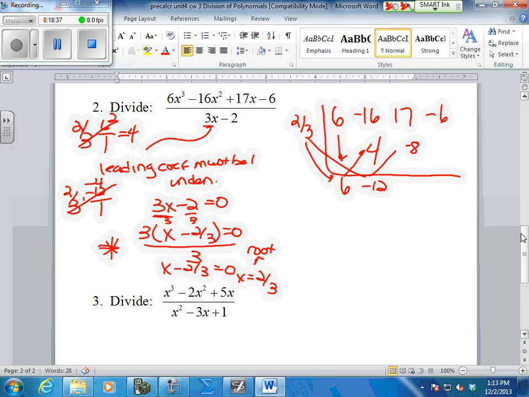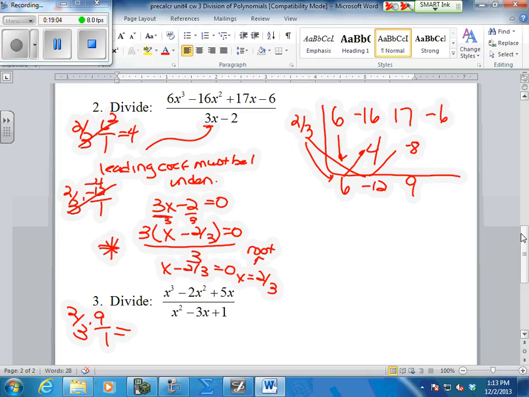I add down. Yeah? 2/3 times negative 12 gives me negative 8. Now add down. What's 17 plus negative 8? 9. I noticed 9 is a multiple of 3. So 2/3 times 9 gives me what?